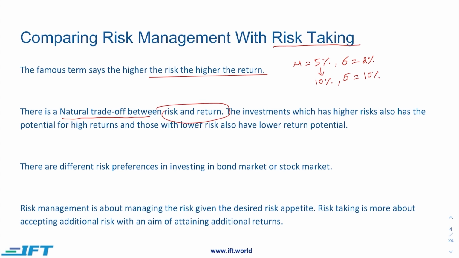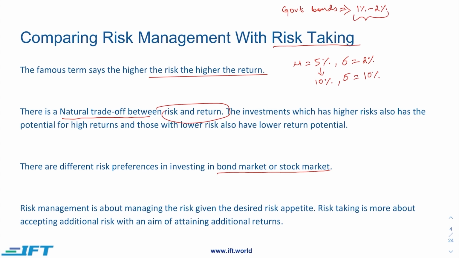Now we can discuss this risk and return in an example of investing in the bond market and the stock market. When we talk about the bond market, we may say government bonds. These are, for example, the bonds issued by the US Treasury. If the US Treasury is issuing a bond or a T-bill, Treasury bill, which is generally of a shorter term, you may get a return of 1% to 2% based on whatever the policy rates are in the market.